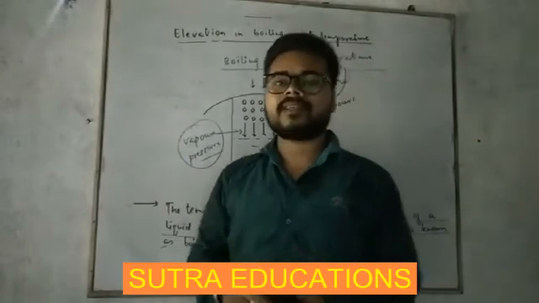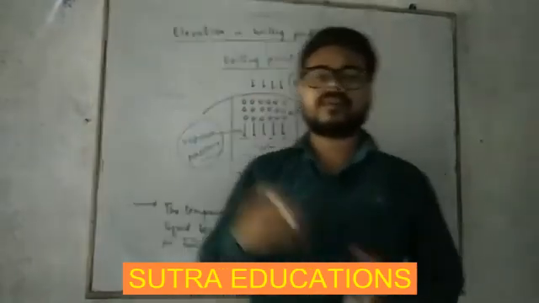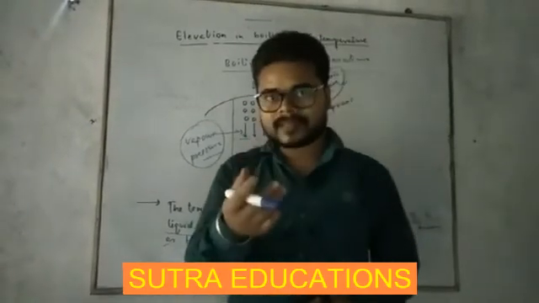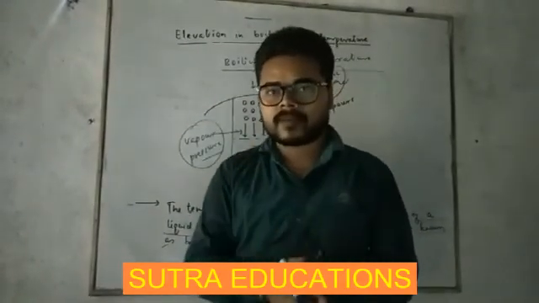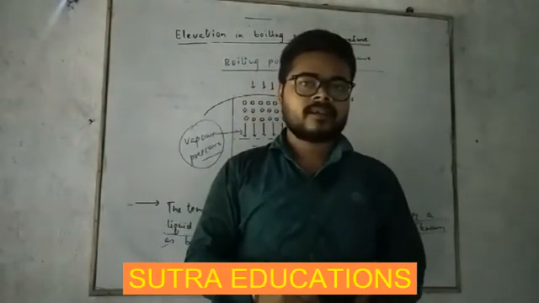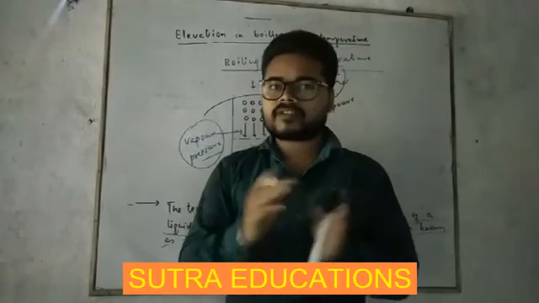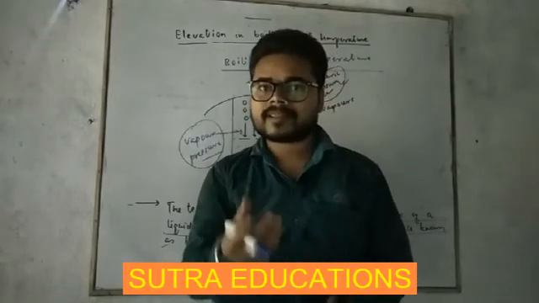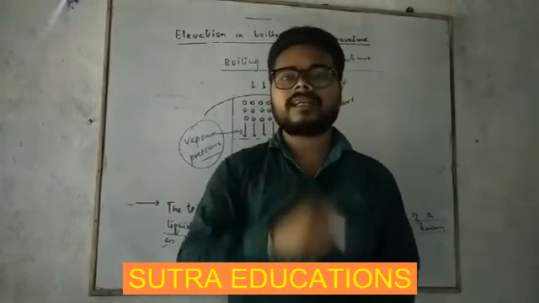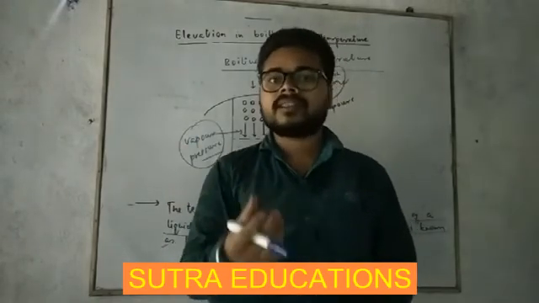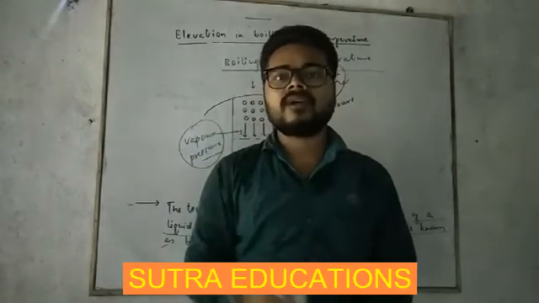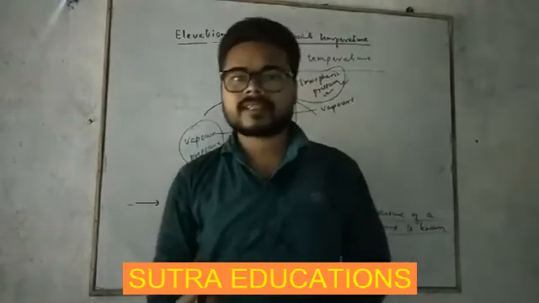If it is non-volatile, it is not going to evaporate, and if it is not going to evaporate, then it is not going to form vapor, and if it is not forming vapor, it is not exerting vapor pressure. It means in case of pure liquid, vapor pressure will be more, and as you mix some non-volatile solute into it, the vapor pressure of the solution formed will decrease. We have discussed all these things.